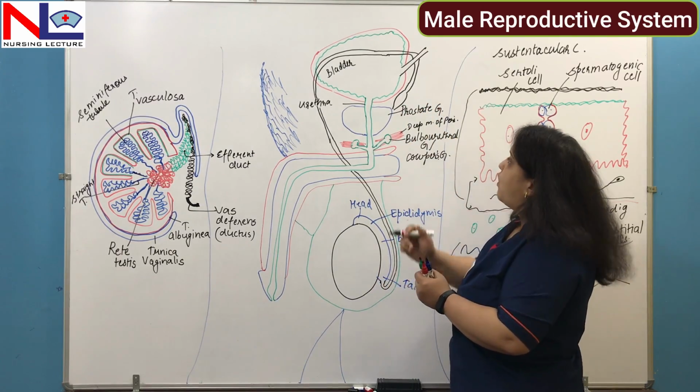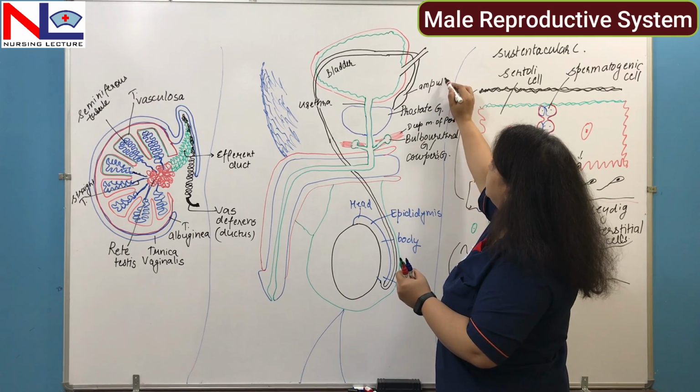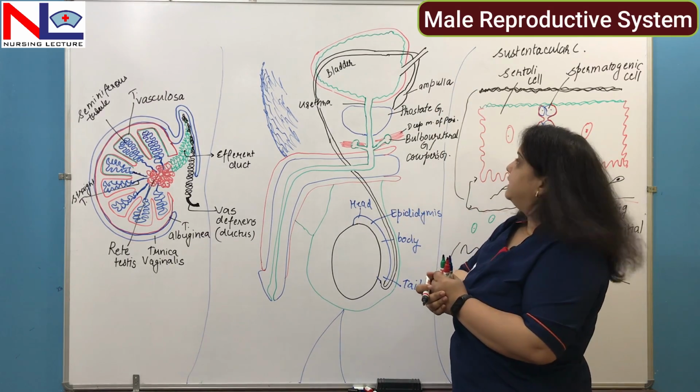This distal part of the vas deferens is called the ampulla because it is slightly distended.